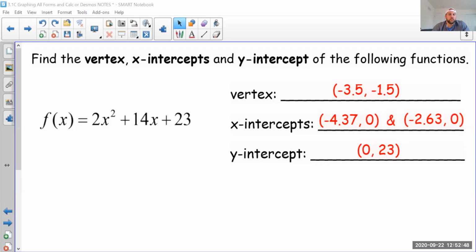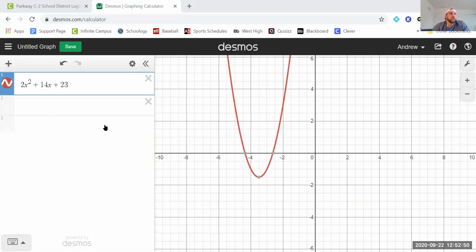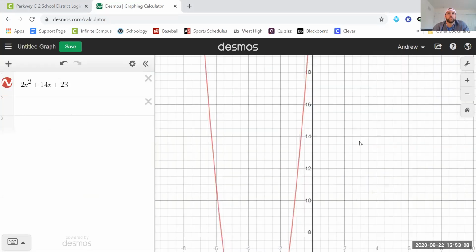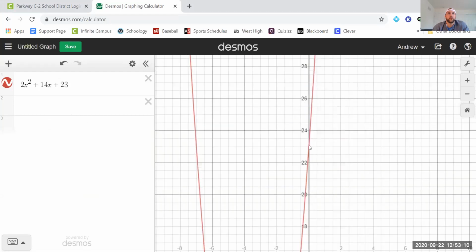On Desmos, it should be super easy. I typed in my equation, 2x squared plus 14x plus 23. It literally gives me the x-intercepts. It gives me my vertex. And if I scroll out, or drag and scroll up, it gives me my y-intercept.